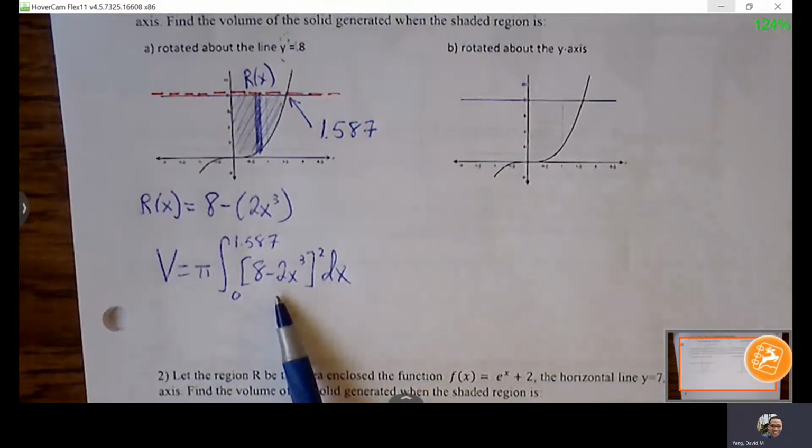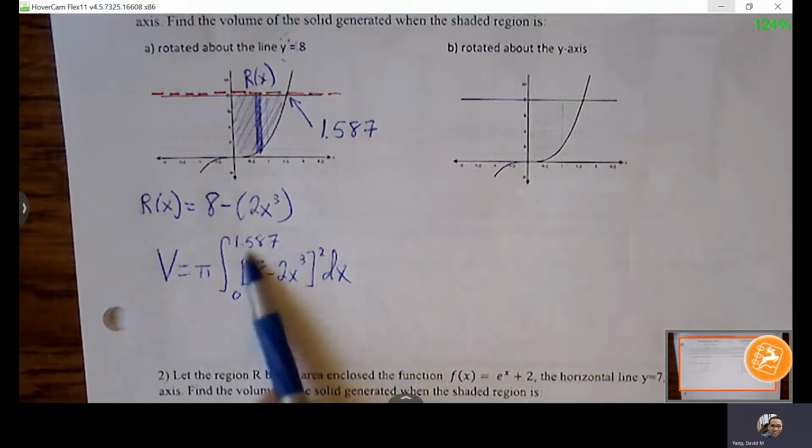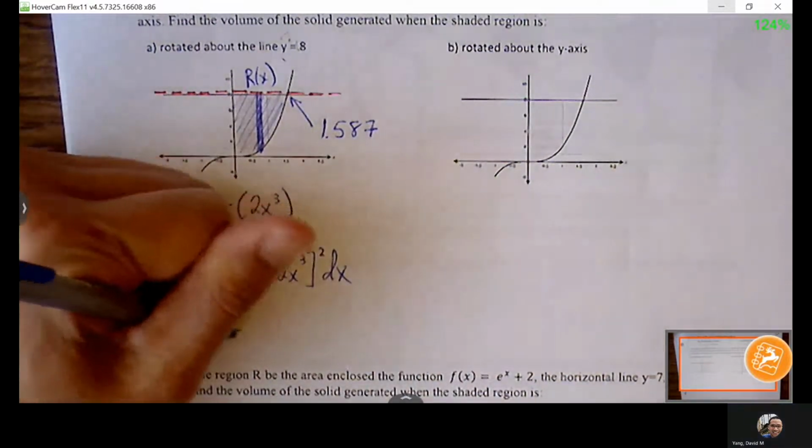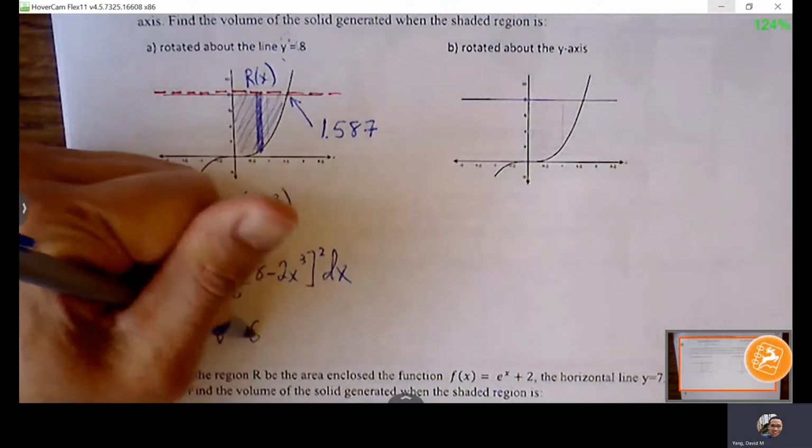Again, you want to practice using that y1 notation, so let the y1 hold your radius, and then you can just do y1 squared. And just leave pi out of your calculator.